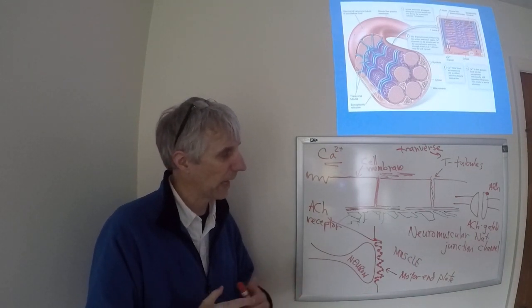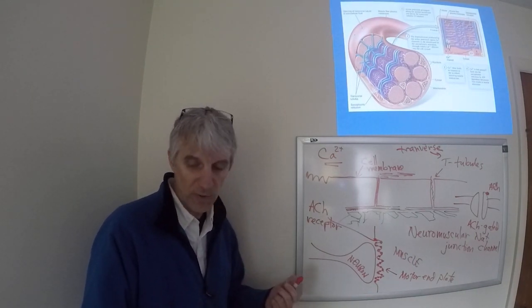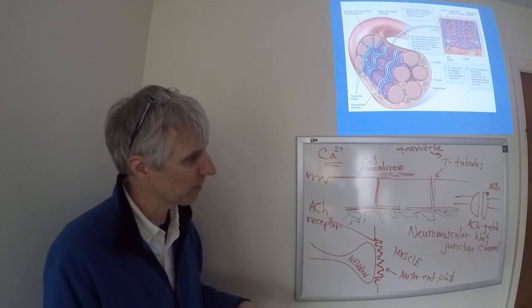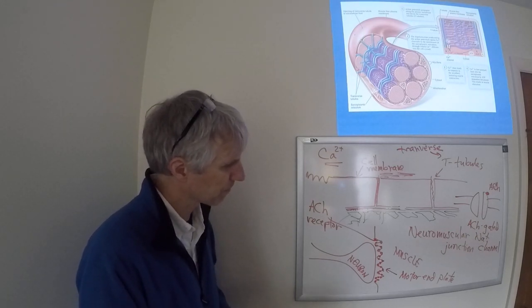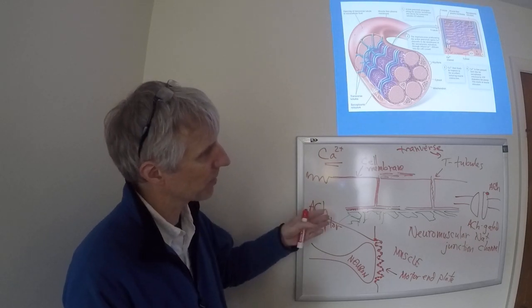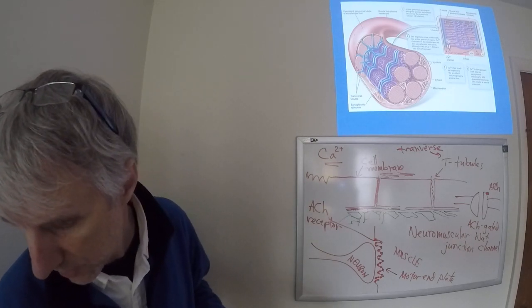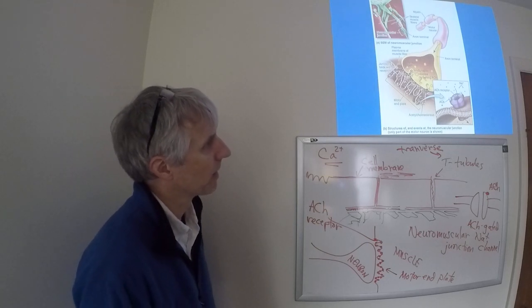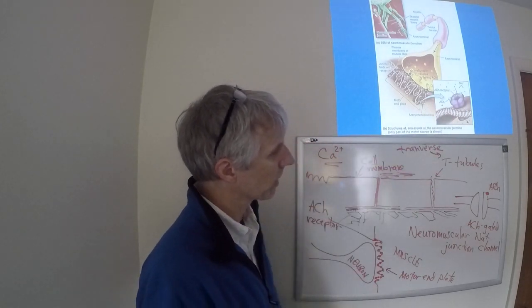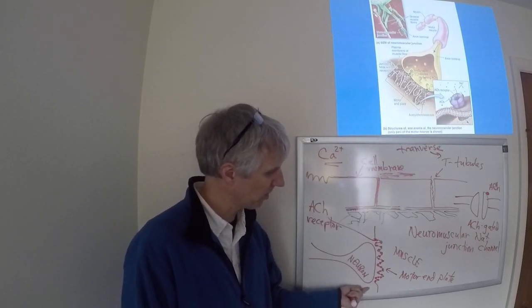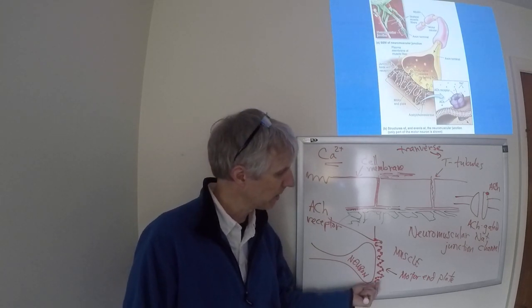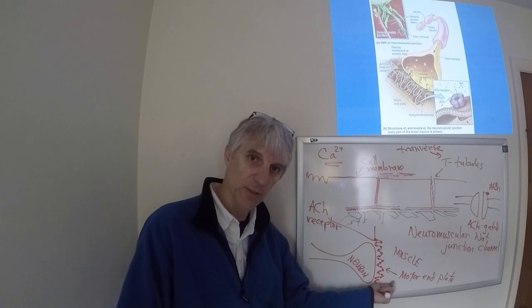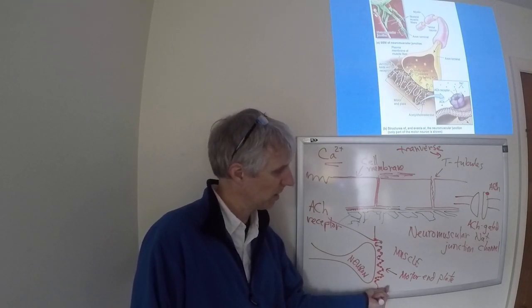All right, welcome back. So there are a few things here to mention about this overall system. The first is, in this particular interaction that we've just done, we've used acetylcholine as the neurotransmitter that communicates between the motor neuron and the effector cell, in this case, a muscle cell.